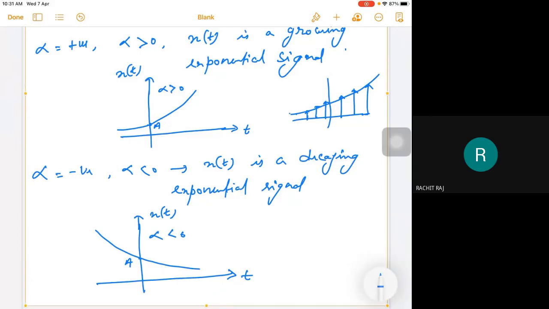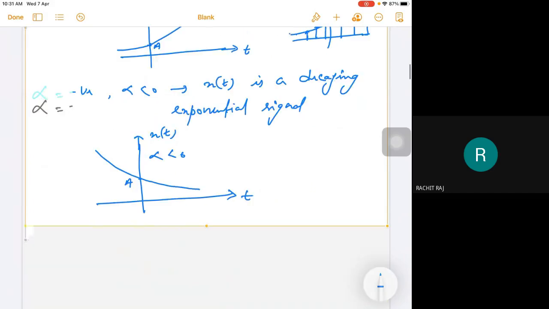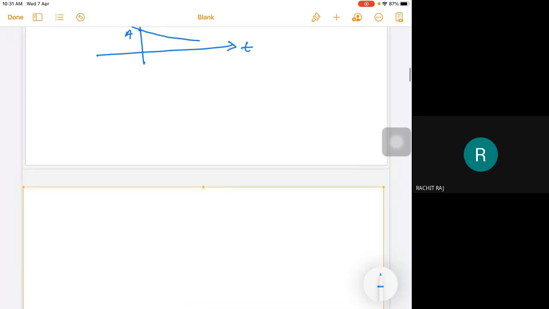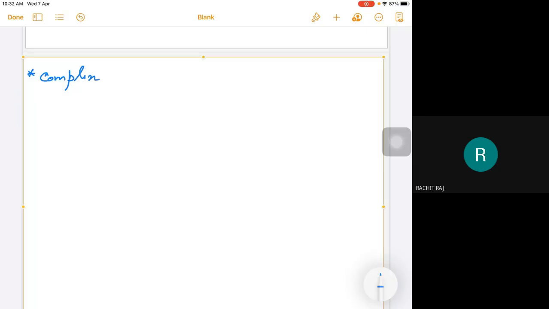Now the next one is the complex exponential signal.